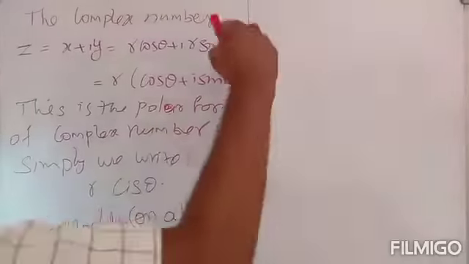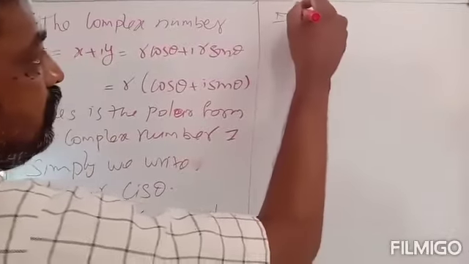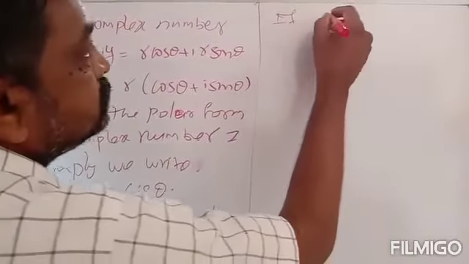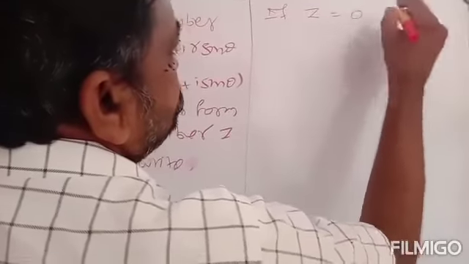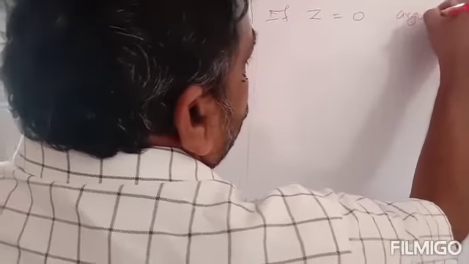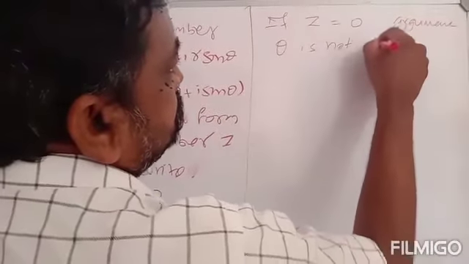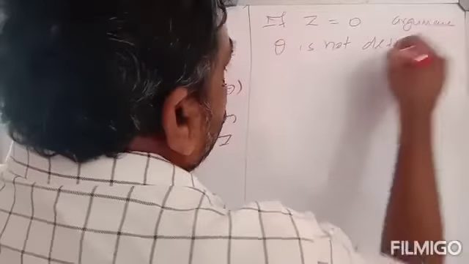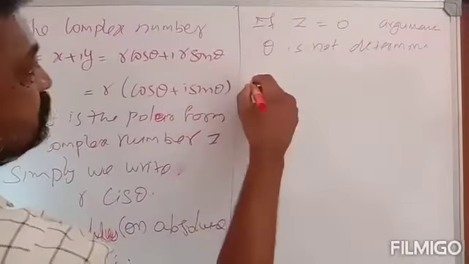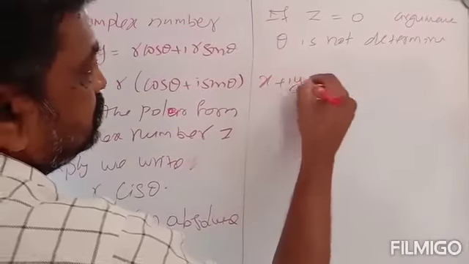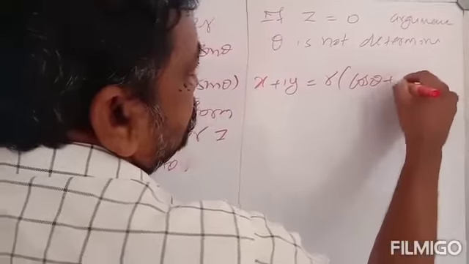For z equal to 0, the argument theta is not determined. For the argument of z, we know that x plus iy equals r(cos theta plus i sin theta).